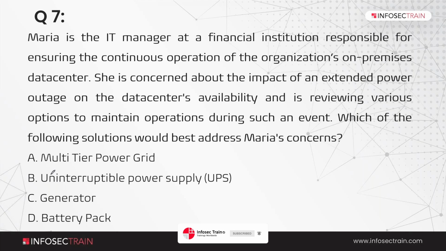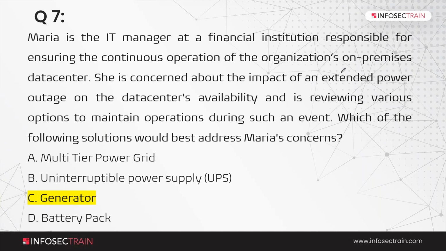So here the answer is generator. Tell me why the answer is generator. Because even if there is an extended power outage, the question doesn't say choose two, right? Until the question says choose two, you can choose only one.